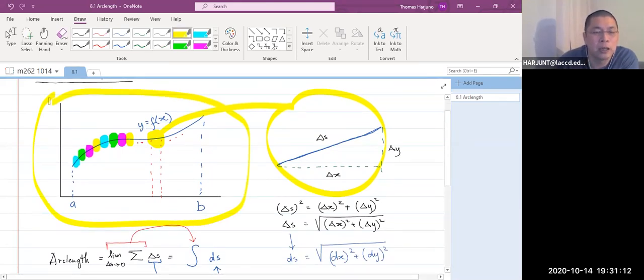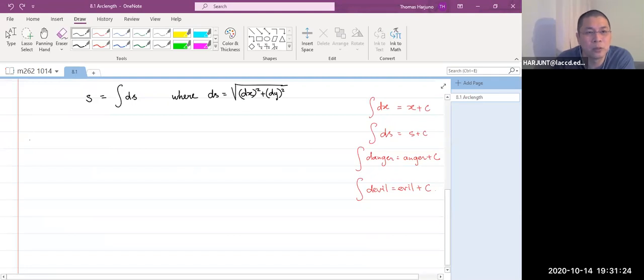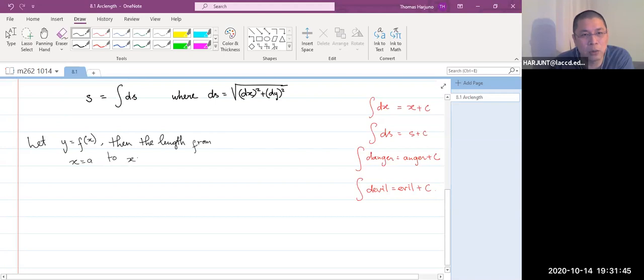Suppose I want to find the length of the curve from A to B, from x equals A to x equals B. Then my integral will be, let y equal f(x), then the length from x equals A to x equals B is given by s equals the integral from x equals A to x equals B of that ds.